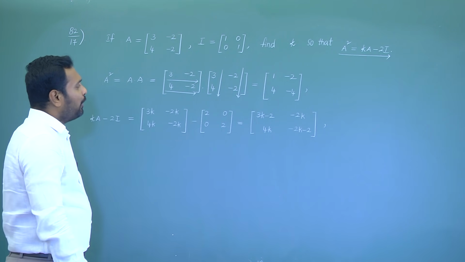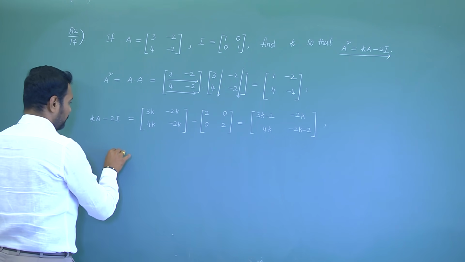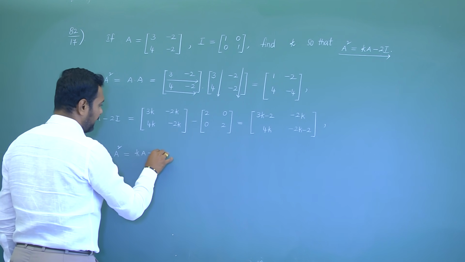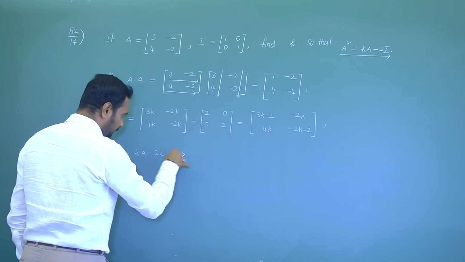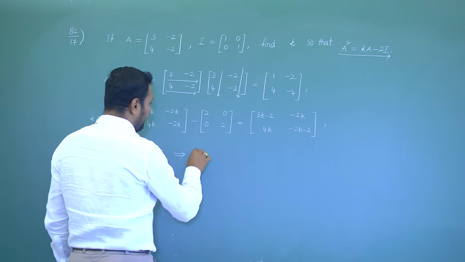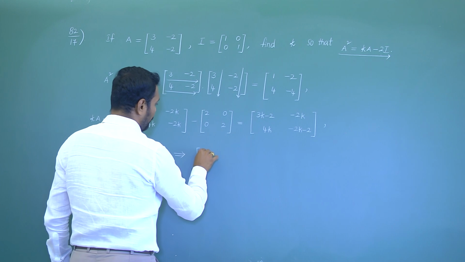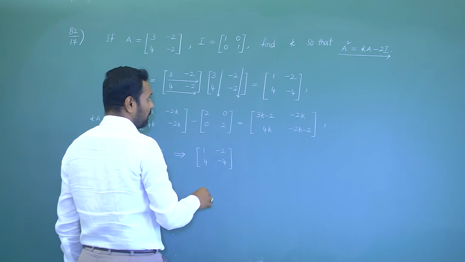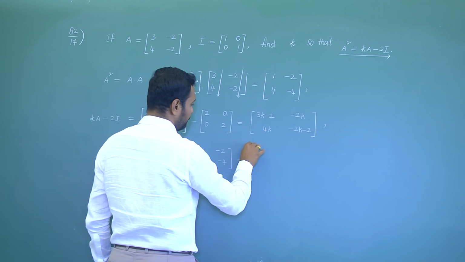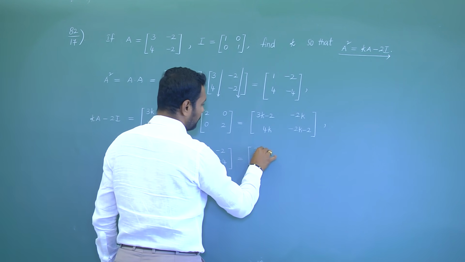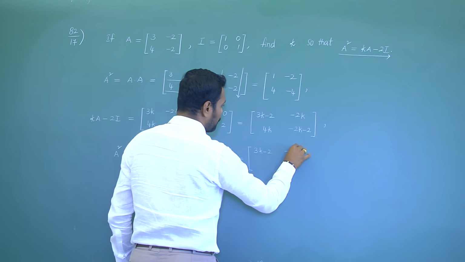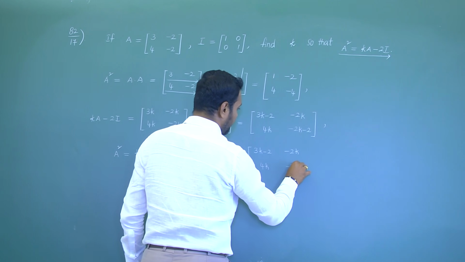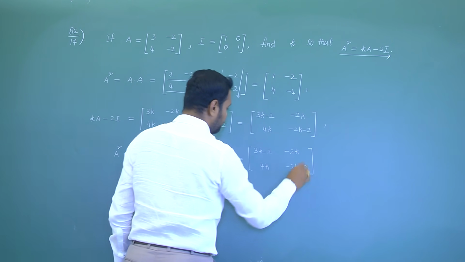Now, if you consider the given condition, A square equals to KA minus 2I, implies, if you substitute the matrices, 1, minus 2, 4, minus 4 equals to the right hand side 3K minus 2, minus 2K, 4K, minus 2K minus 2.